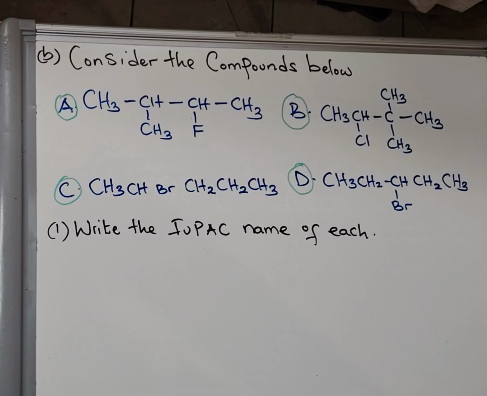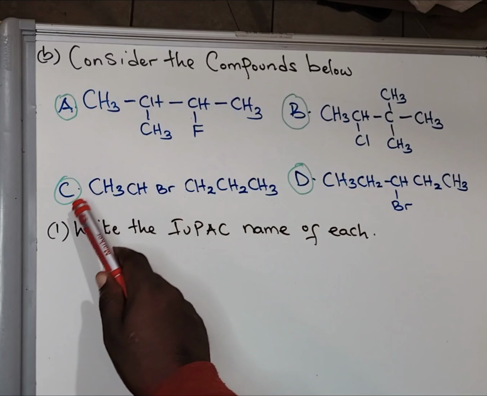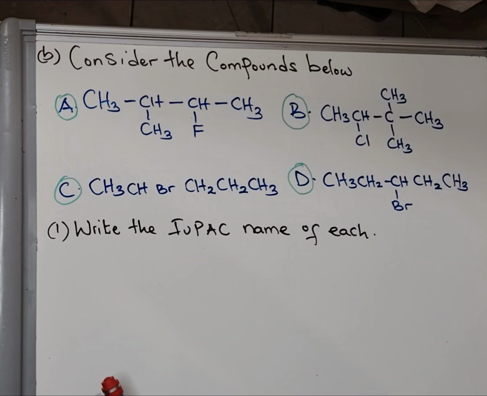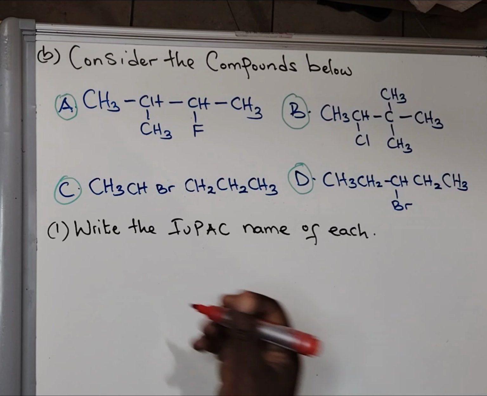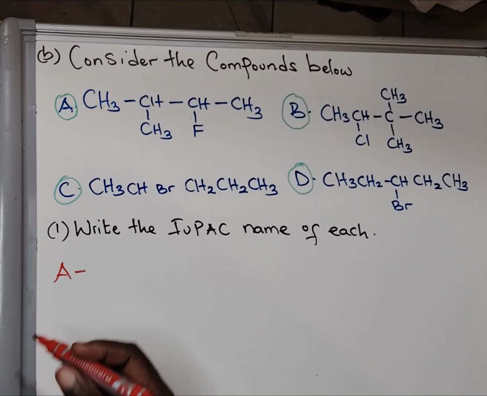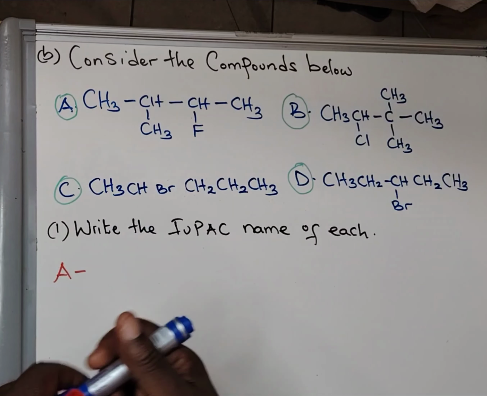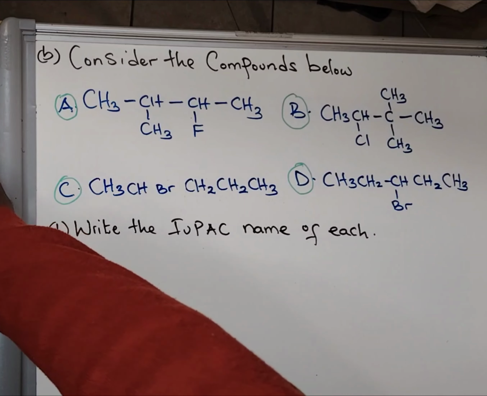So comes this question. It says, consider the compounds below. Okay, we have the compounds A, B, C, and D. And it says, write the IUPAC name of each. Okay, let's look at A. Our A has the parent chain as shown.